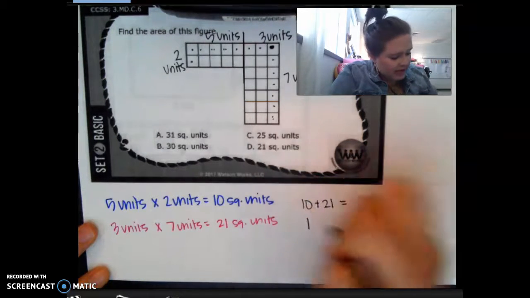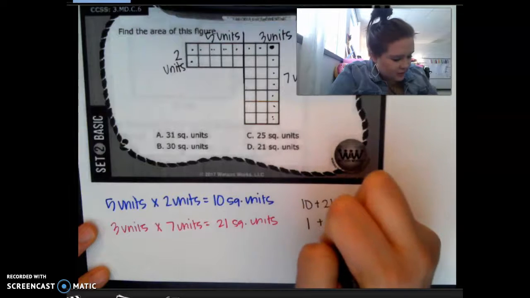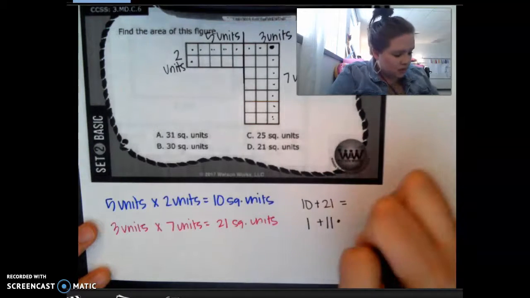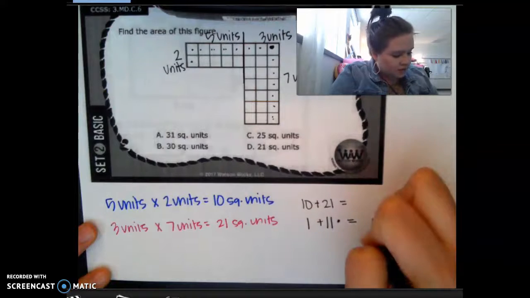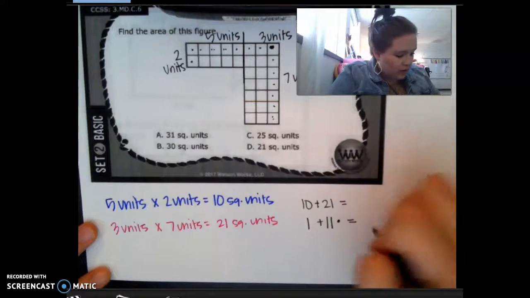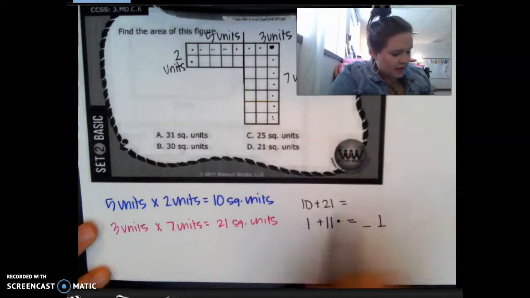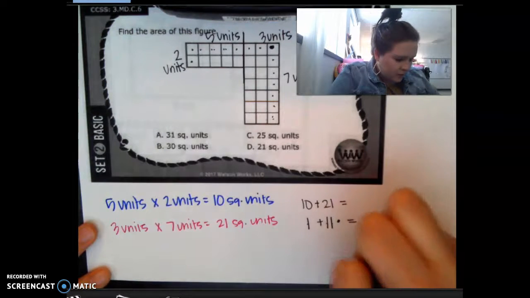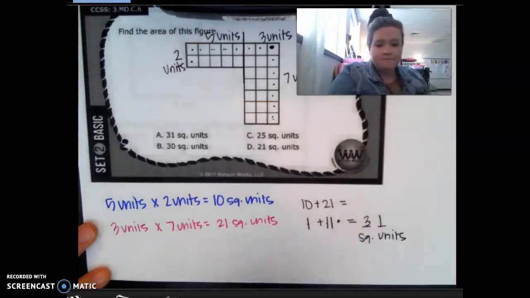So here's a 10 plus 21, which equals, I have 1, 1, 1, and 10, 20, 30, 1, 2, 3. 3 ones. So 31 square units. All right?